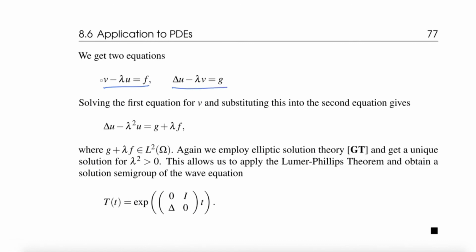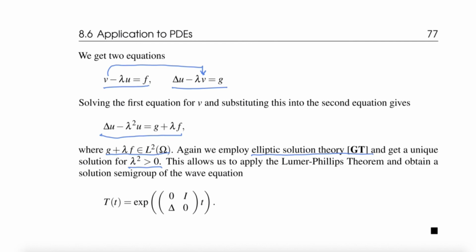Now we can solve this for v and substitute it in there. And then you get only an equation for u, which is this one: Laplace u minus lambda squared u is g plus lambda f. And g plus lambda f is in L2. So here we now use elliptic solution theory again, Gilbarg-Trudinger, to find unique solutions whenever lambda squared is positive.